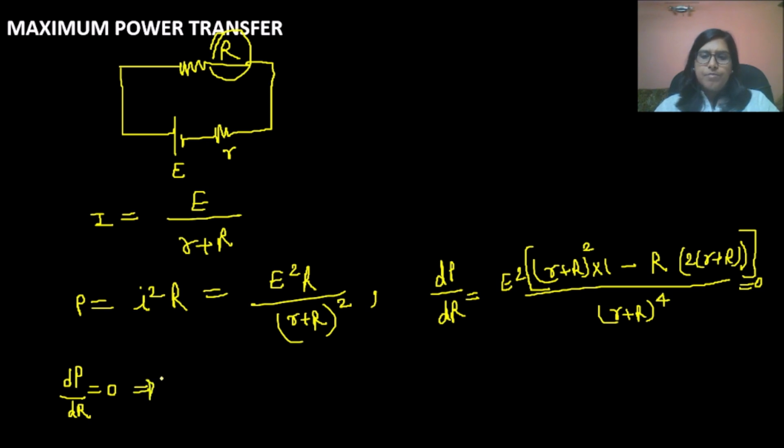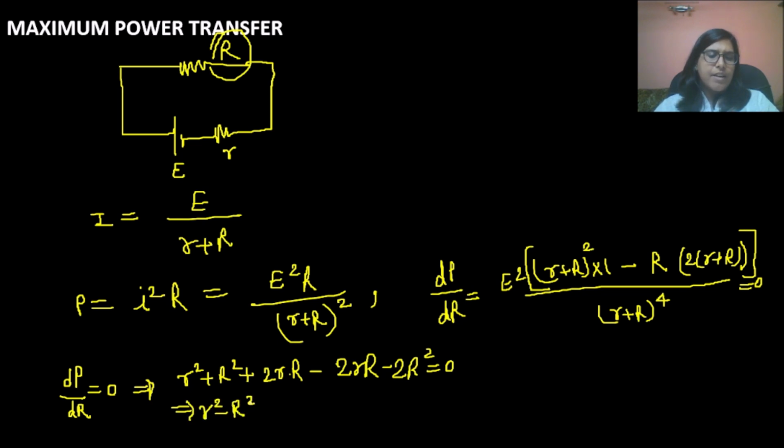That means (R plus r) square minus 2R into (R plus r) equals 0, so R square plus r square plus 2Rr minus 2Rr minus 2R square equals 0. So this will be r square minus R square equals 0. So we can say R equals r.